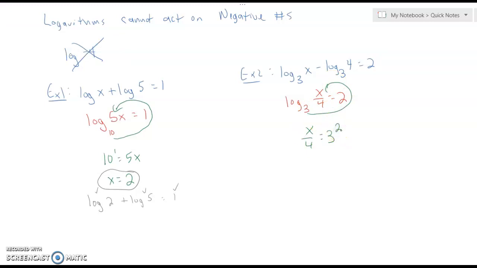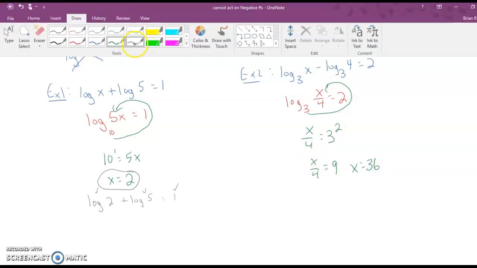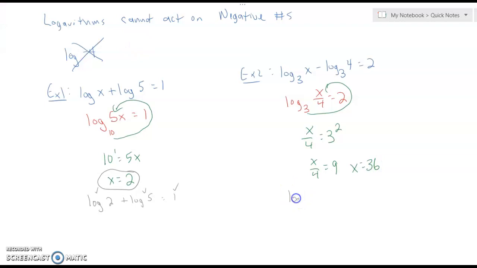So that's going to give me an equation where I've got x over 4 equals 9. And so x would equal 36. So again, I've got my possible answer. I'm going to double check it. Log base 3 of 36, I don't see an issue there. Minus log base 3 of 4, looks good. Equals 2. I'm not seeing any concerns. So x equals 36 will be our answer.